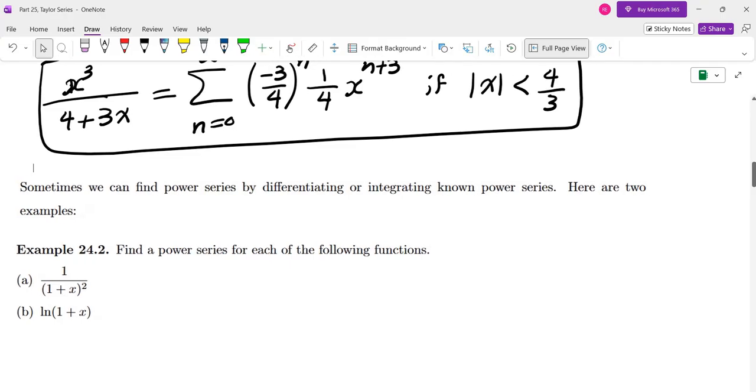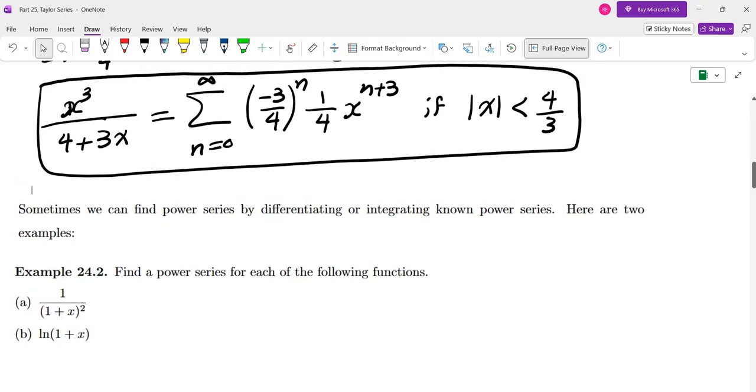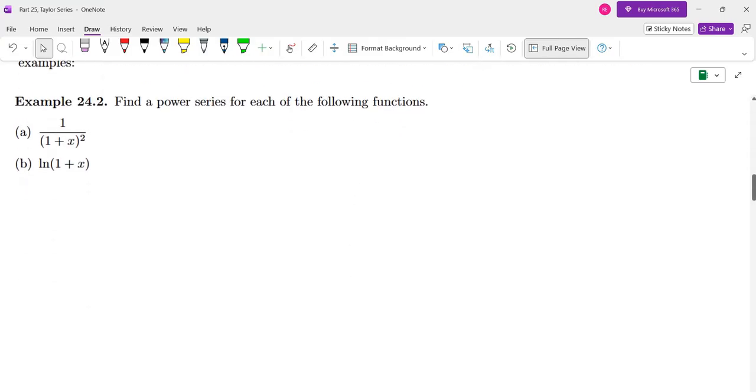Okay, so sometimes we can apply differentiation and integration to get power series for other functions. So let's look at these two examples. We want to find a power series for each of the following. The first one can be obtained from a power series for 1 over 1 plus x, and differentiating that gives us 1 over 1 plus x squared.